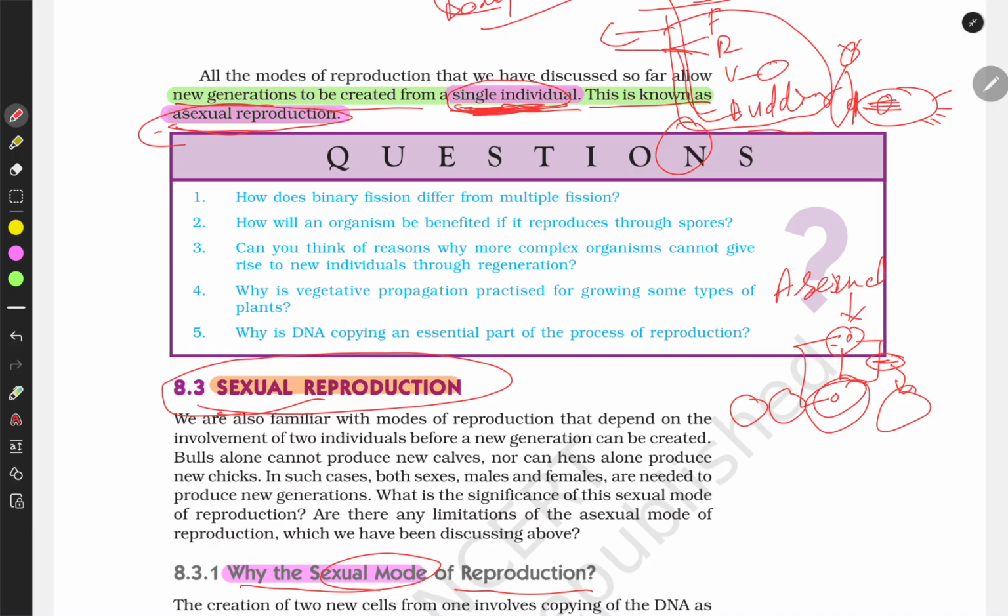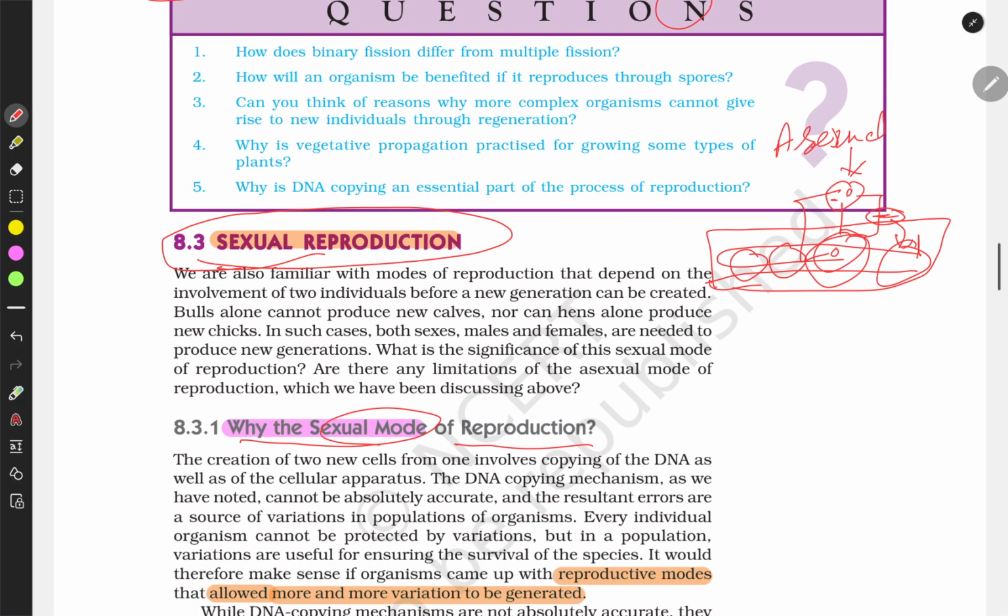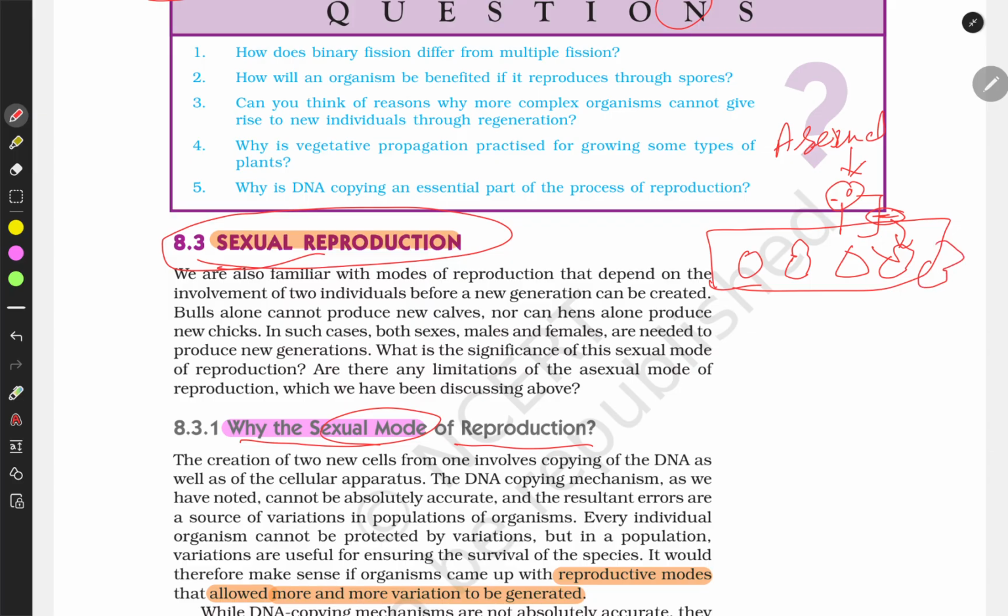Suppose in case of any adverse environmental effect, they all can be wiped out. So there was a need for a population which has a lot of variations. Suppose they have multiple body designs, body types, and their living conditions are different.